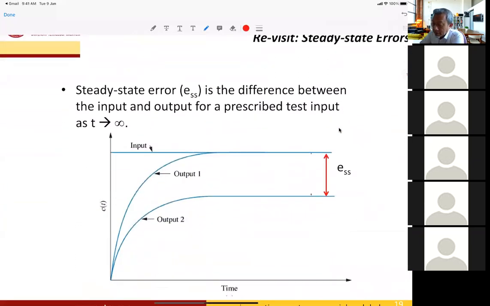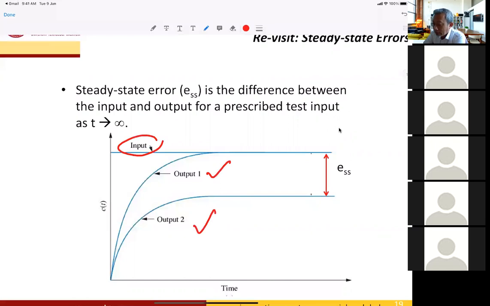Steady state error is the difference between the input and the output. Let's say this is your input and you have two outputs, output 1 and output 2. Output 1 is very good because it goes up and settles at the final value, which is equal to the input value.